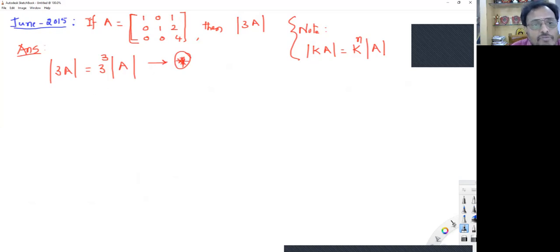Now we have to find determinant of A, which is 1 0 1, 0 1 2, 0 0 4.